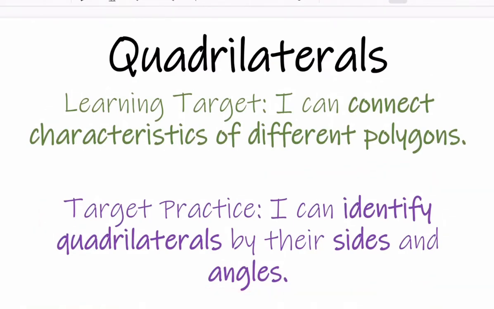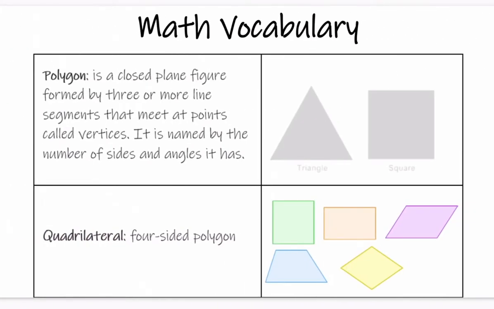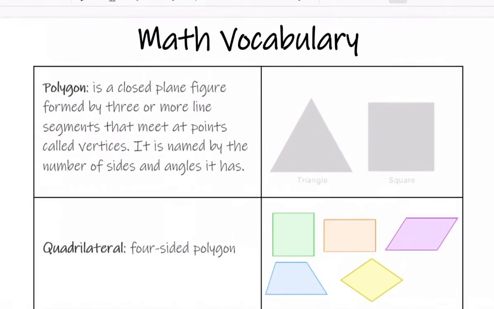All right, we're going to go through some math vocabulary. Last week, you should know that polygons are closed plane figures. So usually what we call them is shapes, okay? Shapes is pretty typical of what we know as closed plane figures.